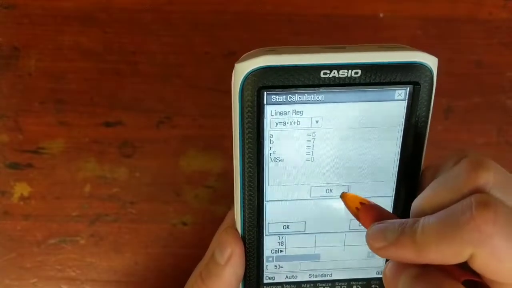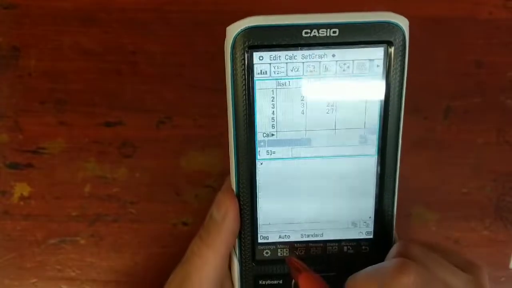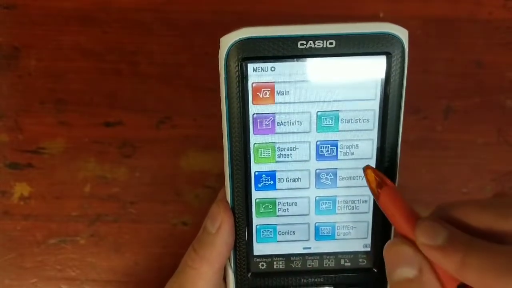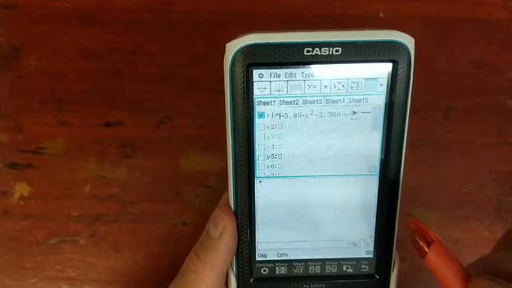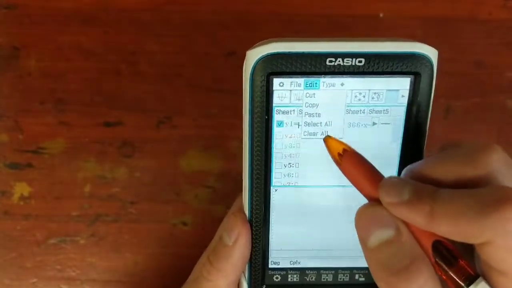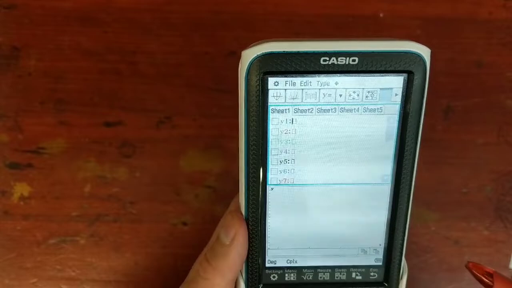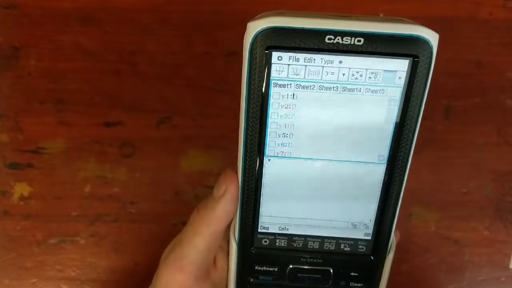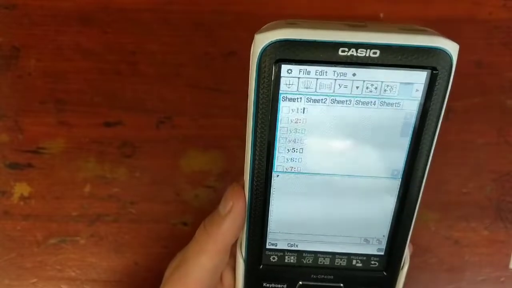Okay. The last thing I want to show you is if we head back out to the menu and we go to graph and table. Now here, let me just clear everything first by going edit, clear all. Here's just, I guess, a more formal and cleaner way that I can do things with graphs.